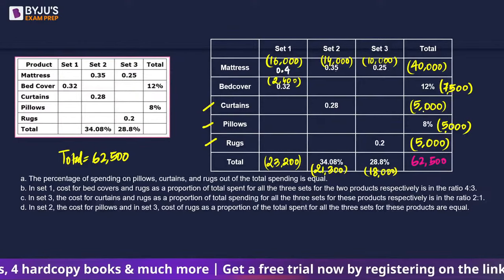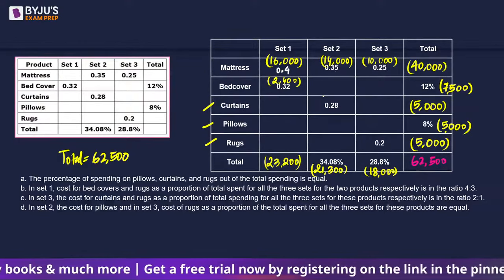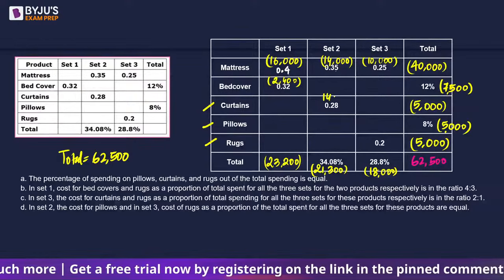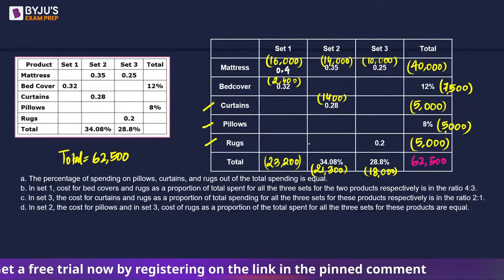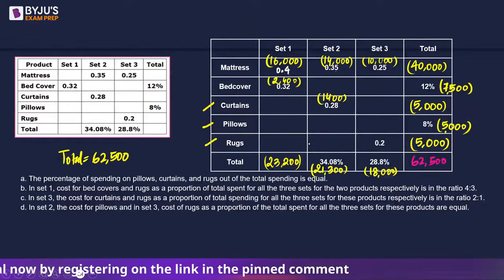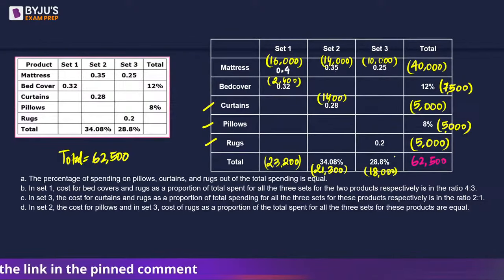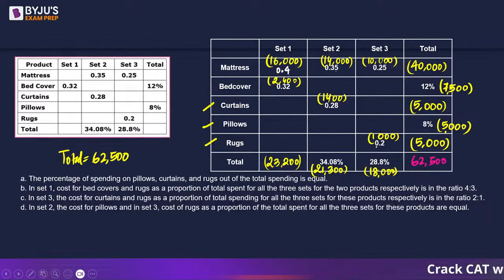So 0.28 into 5 will give us 1,400. Next is 0.2 of 5,000. 20% of 5,000 is going to be simply 1,000. Okay, so we're done with statement A.